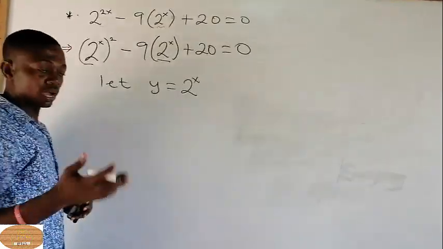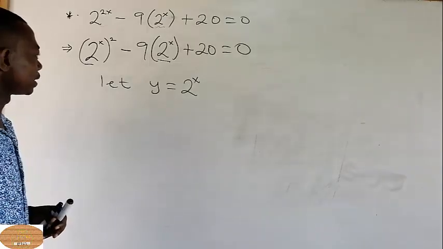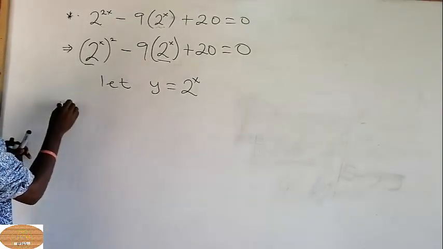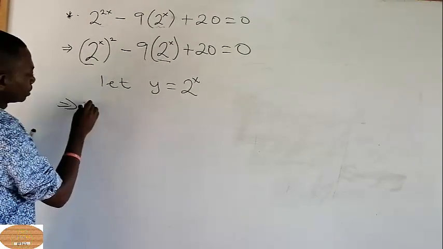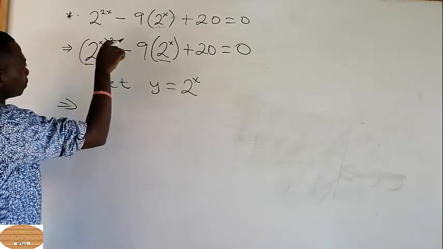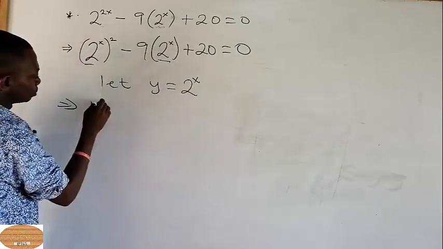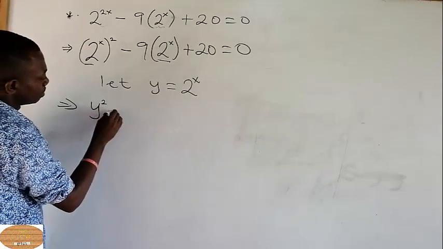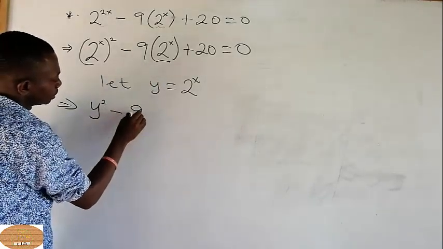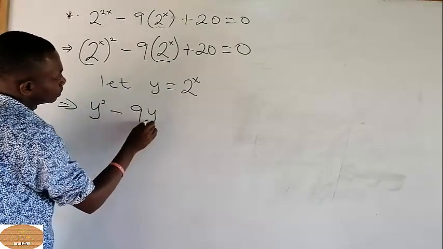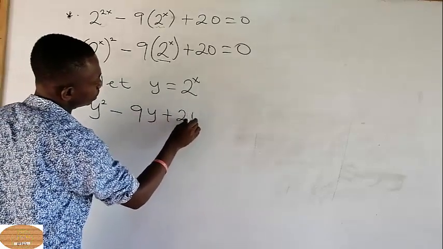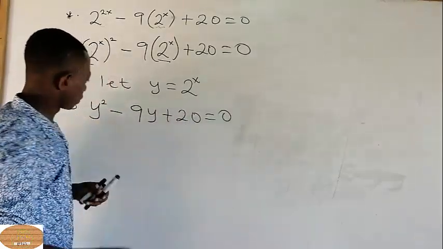Which means where you see 2 to the power x, you put y there. So I'll put y here. So I'll put y here. Don't forget I have power there. So I'll add that one. Minus here is 9, and this one is y plus 20 equals to 0.